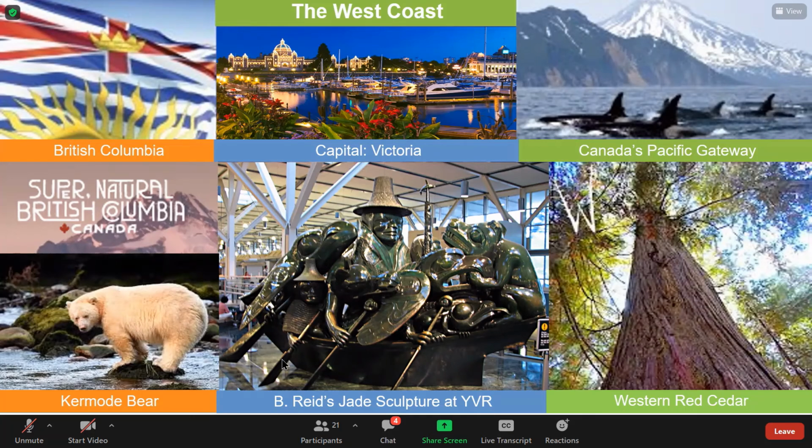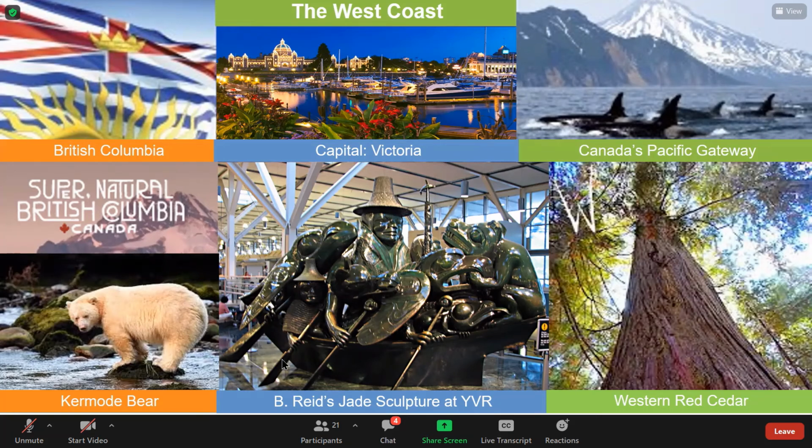As you can see in the airport, we have the famous sculpture by the famous First Nation artist, Bill Reid, and it's made from jade. Jade is a green kind of stone.